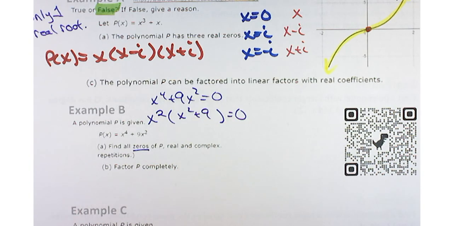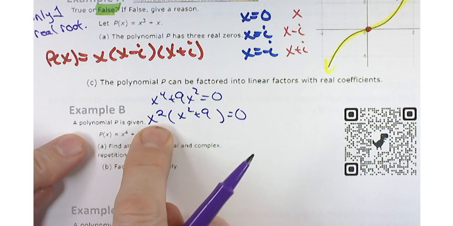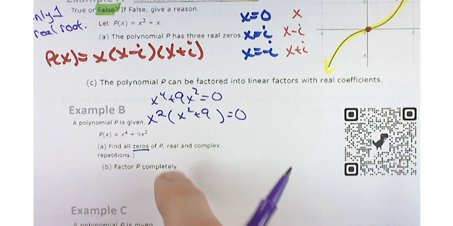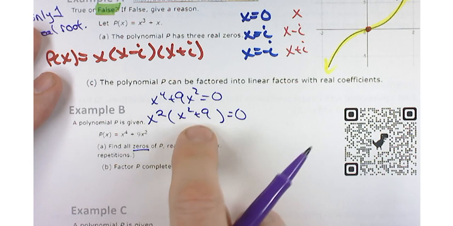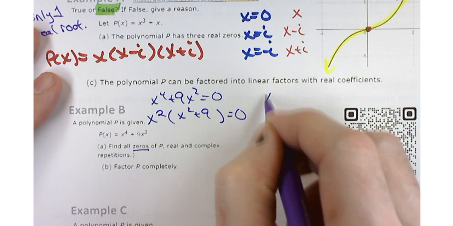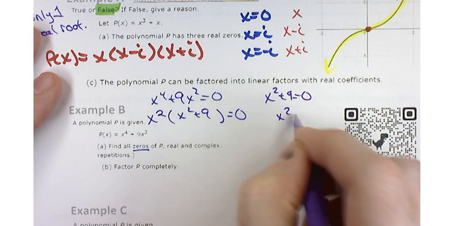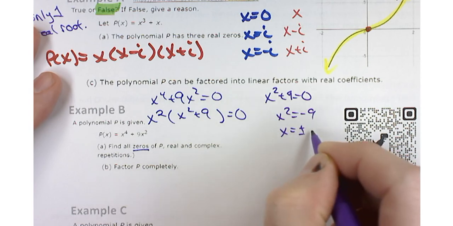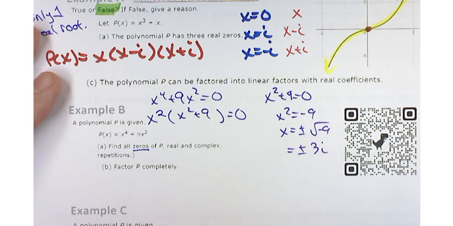Now I can see where the first term would equal 0, right? Where does x squared equal 0? Well, at 0. So we expect it to be 0 there. How about this part? Where does x squared plus 9 equal 0? Plus or minus 3. So good, x squared equals negative 9, x equals plus or minus square root of negative 9, which is plus or minus 3i.